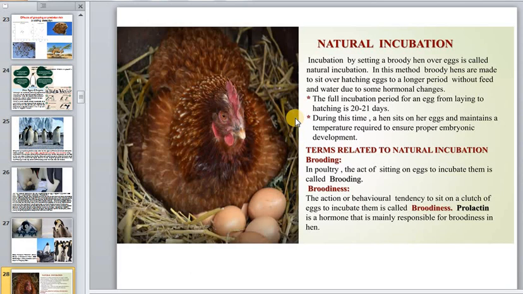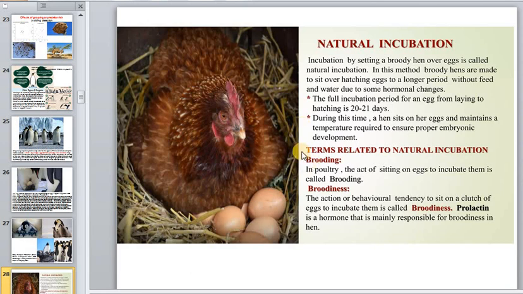And the full incubation period for an egg from laying to hatching for chickens is almost 20-21 days, and during this time a hen sits on her eggs and maintains a regulated temperature to ensure proper embryonic development.